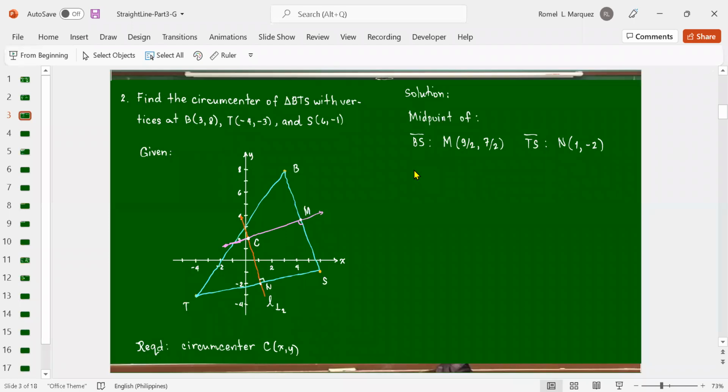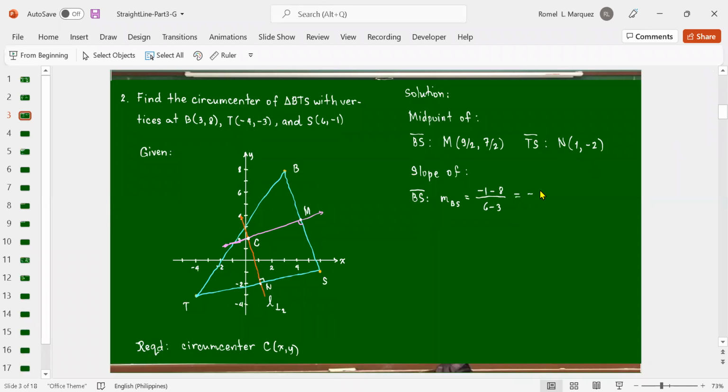Now, what about the slopes of BS and TS? For the slope of BS, this segment, we need the points B and S, no? So negative 1 minus 8 all over 6 minus 3. Okay?